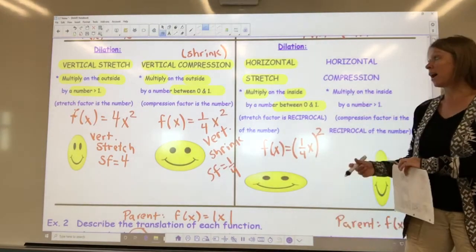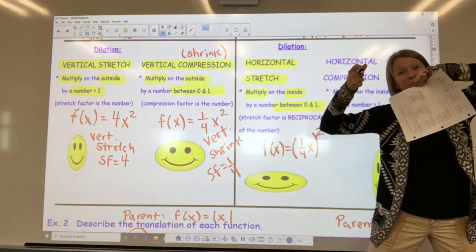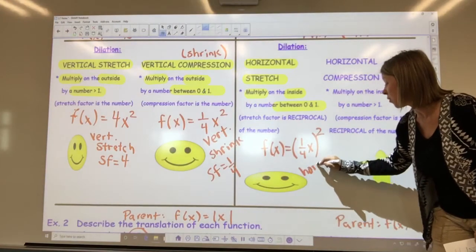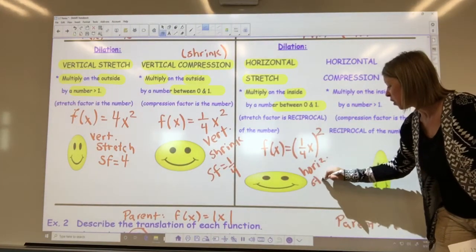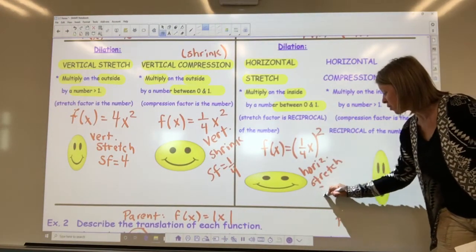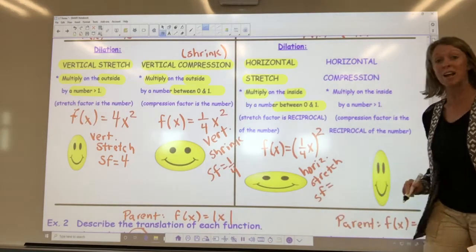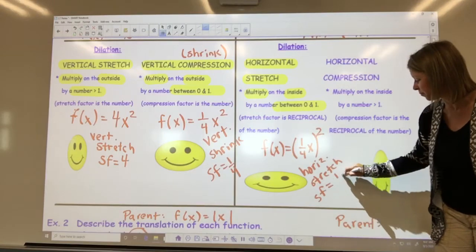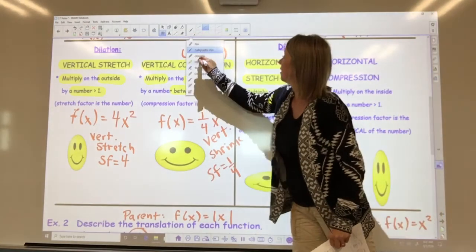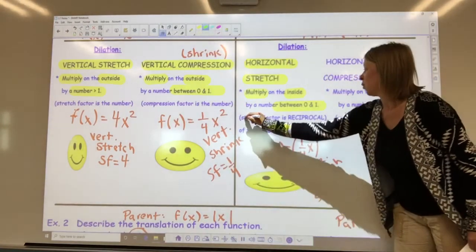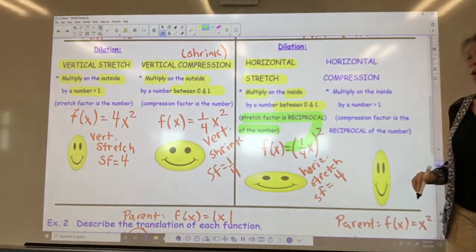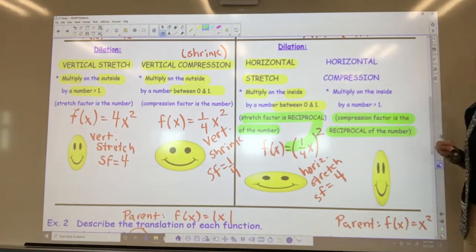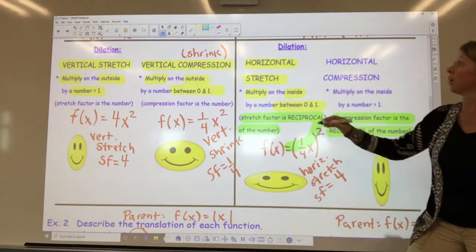What this actually does is grab the graph on the left and right and stretch it out horizontally. So we would call this a horizontal stretch, and here's where you've got to be careful. The stretch factor is not that number. The stretch factor is the reciprocal of that number, okay? And that is also the case over here when we talk about the shrink or compression factor.